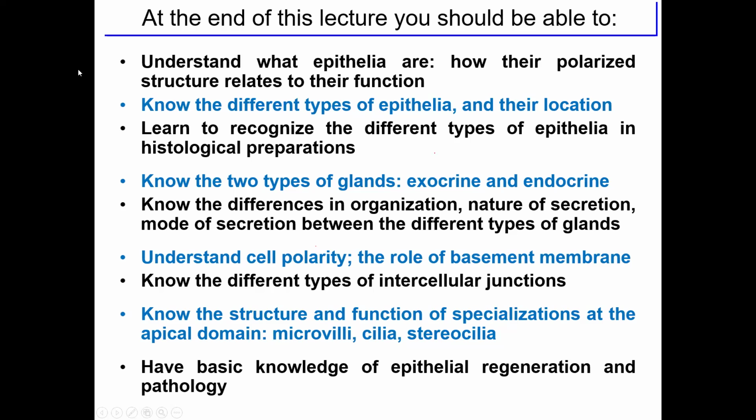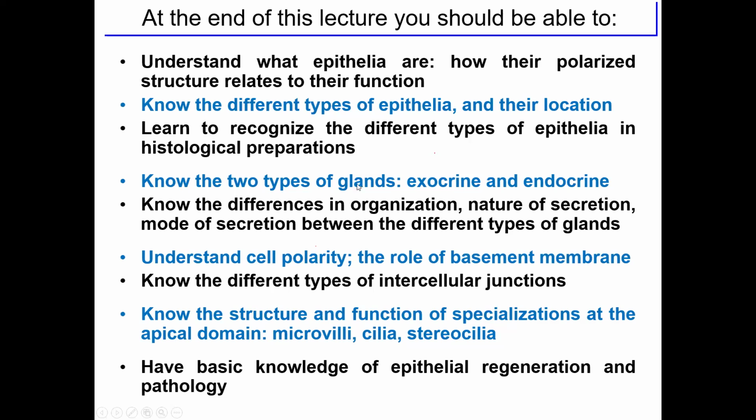So even there is a polarity of the plasma membrane. We will look at the different types of epithelia and their location. We will learn to recognize the different types of epithelia in histological preparation. And that is actually an important task that we need to achieve today. And after you study this lecture in the coming weeks.